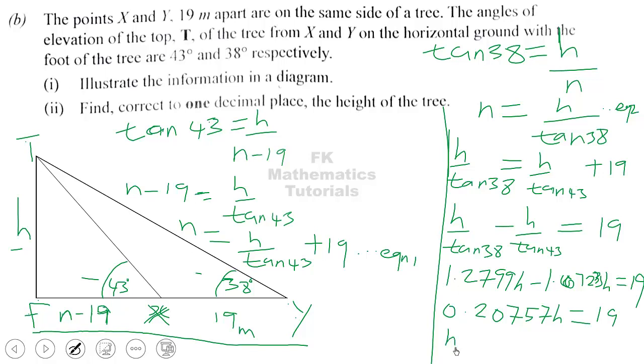So H will be equal to 91.535. So to one decimal place, you get H equal 91.5 meters. Make sure you add a unit.